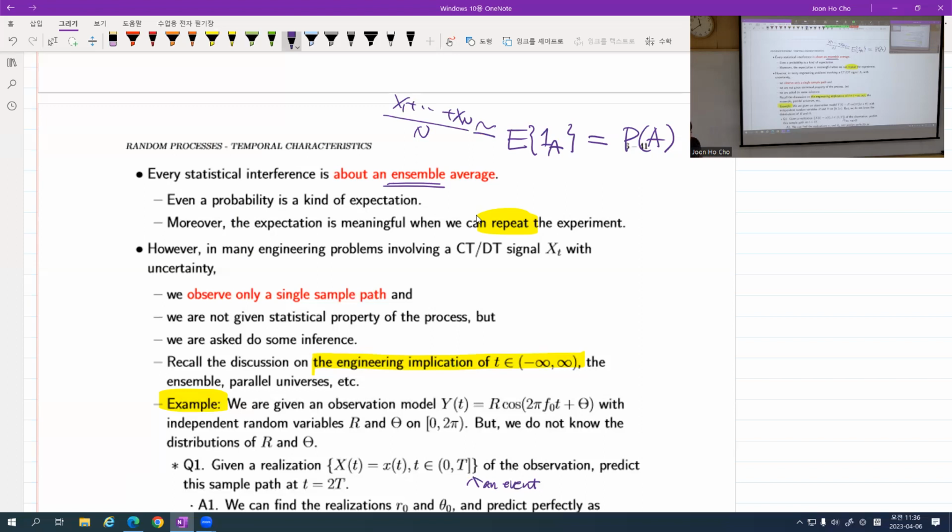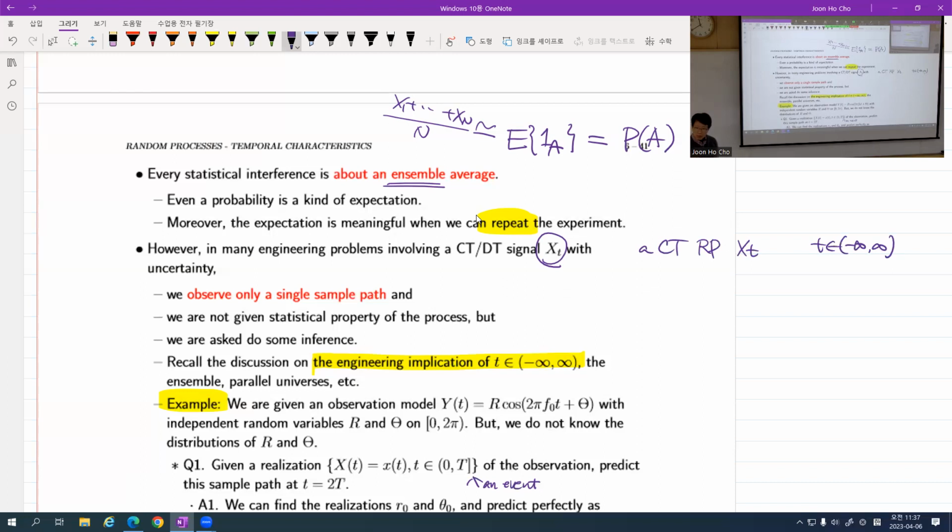And here comes the dilemma. Sometimes, especially when we model our observation as a random process, we say, okay, here is a continuous-time random process x of t, where t can be any real number.